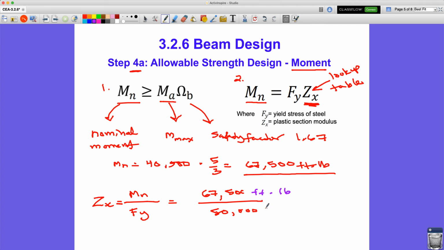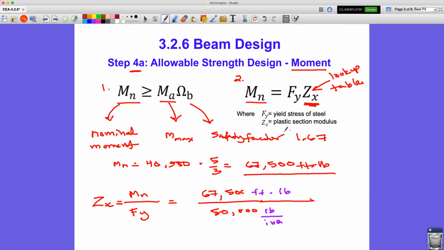Now, 50,000, the yield strength of steel, is actually pounds per square inch, and that's in the denominator. So 1 over square inches is square inches in the double denominator.